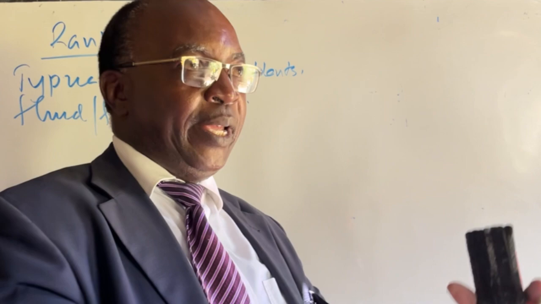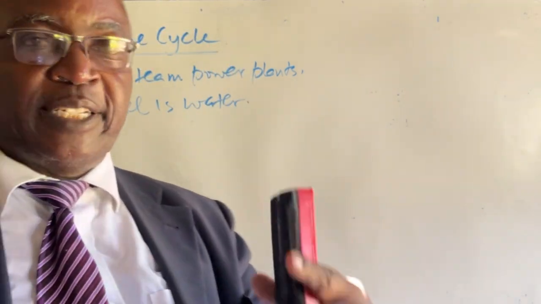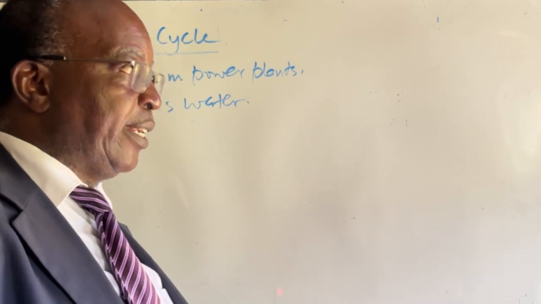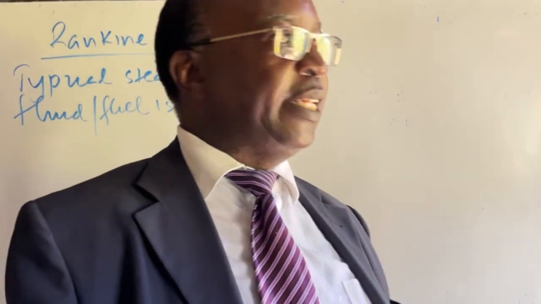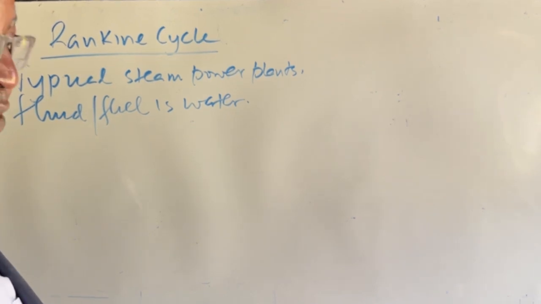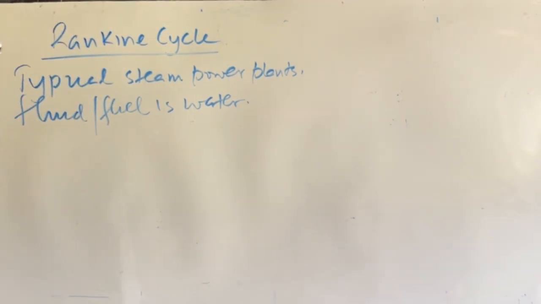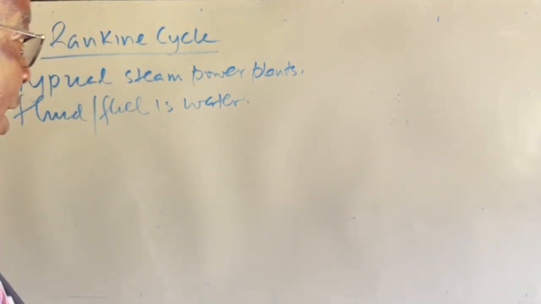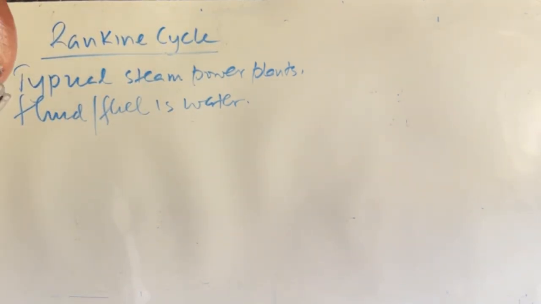The boiler is where we elevate the temperature of that fluid, that's water. It can be elevated to the point where we get a superheated steam, or we can get a wet vapor with a relatively high dryness fraction. And we also have a turbine where work will be done, and a condenser where the vapor will be cooled, so that again we recycle the process.